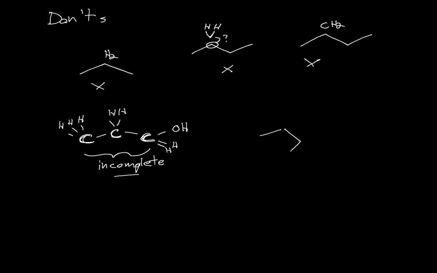Here's another one. Again, this is incomplete. If this was drawn as is, I would assume that it has a negative charge on the oxygen if there's no hydrogen attached or anything else attached to this oxygen, because there would be 3 lone pairs implied, and oxygen is +6 from the periodic table, minus 1, 2, 3, 4, 5, 6, 7.